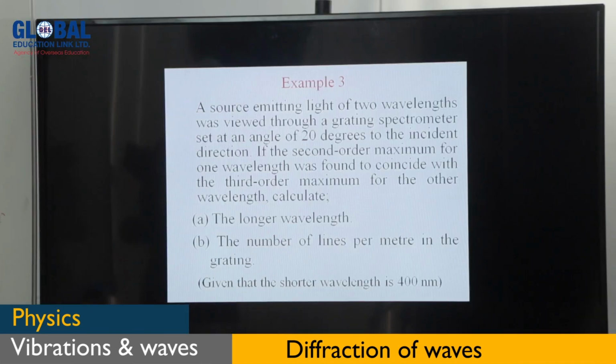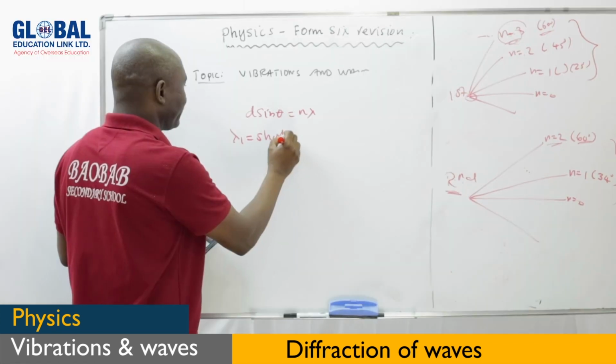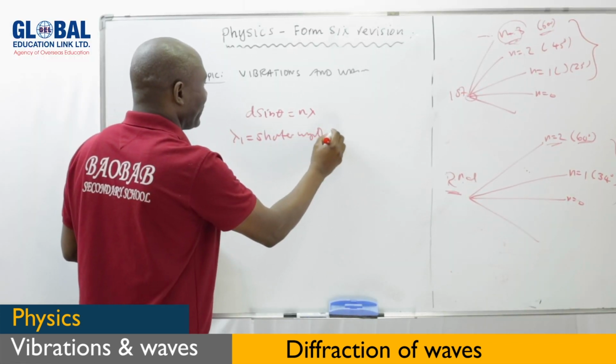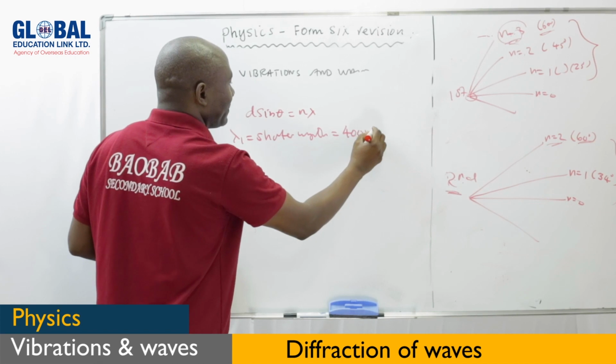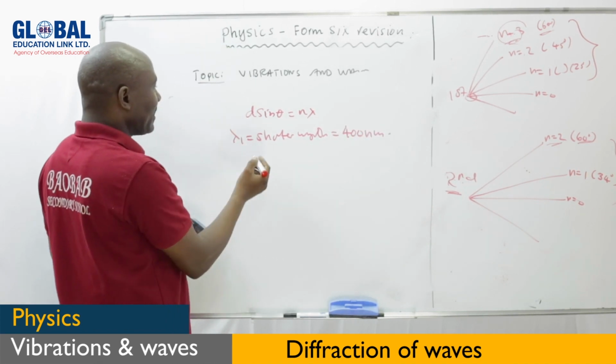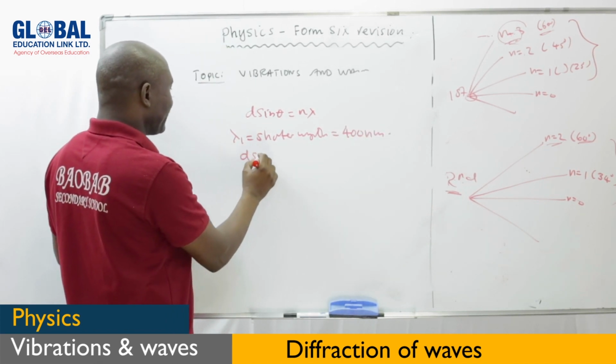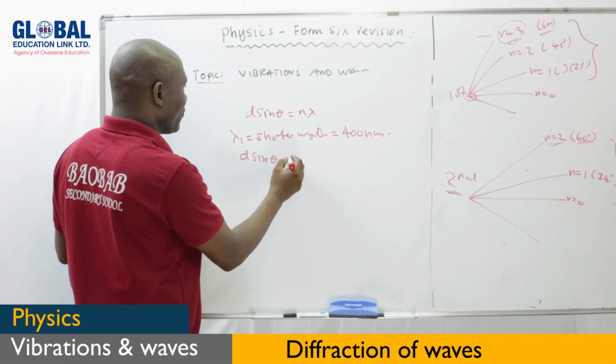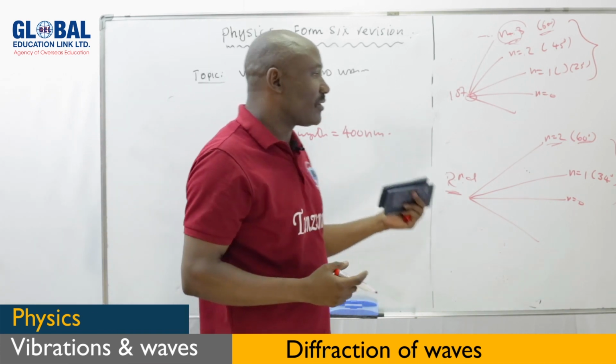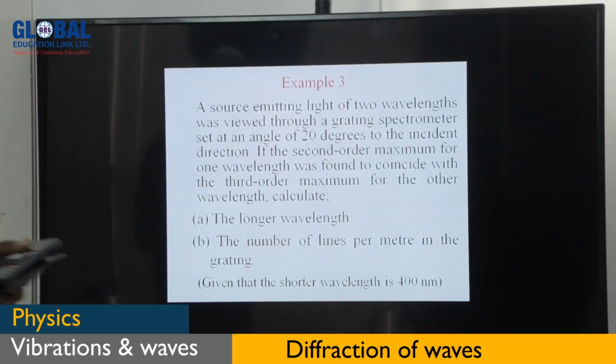Okay, let's start from here. The question says the shorter wavelength is given. So let's take this as the shorter wavelength, 400 nanometer. And you know that d sine theta equals, for the shorter wavelength, the shorter wavelength will produce more images, which means it will be coinciding with the third.